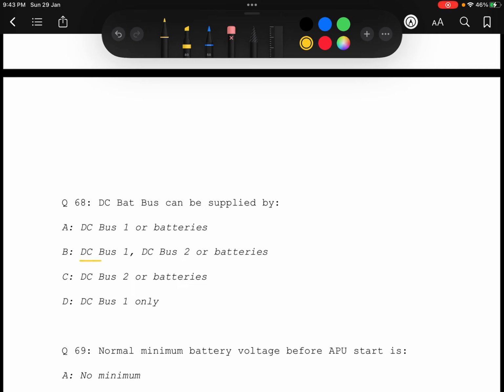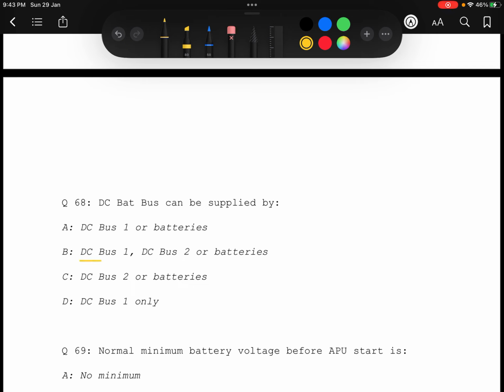Again, I'll go to the diagram and we'll try to explain again. Okay, they were talking about this DC bat bus. This DC bat bus generally gets its supply from this DC bus 1, but in case of failure of TR1, let's say there is no supply to DC bus 1, then this DC bus 2 supplies the DC bat bus, correct?